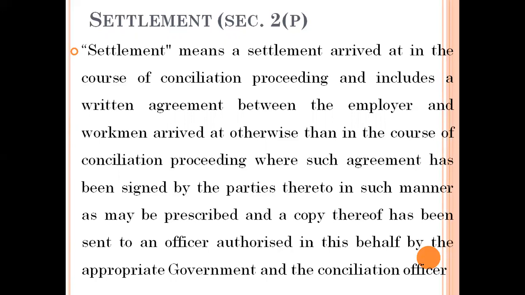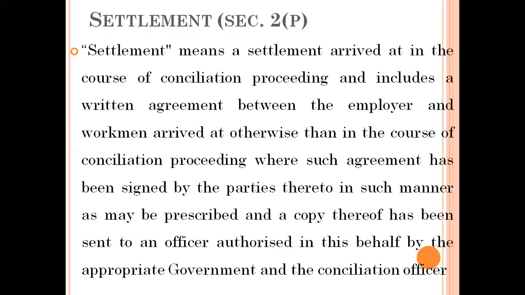So according to section 2, subsection P, settlement means a settlement arrived at in the course of conciliation proceedings and includes a written agreement between the employer and workmen arrived at during this settlement.